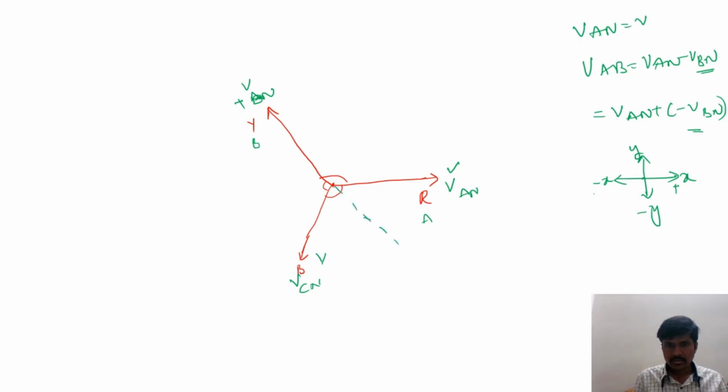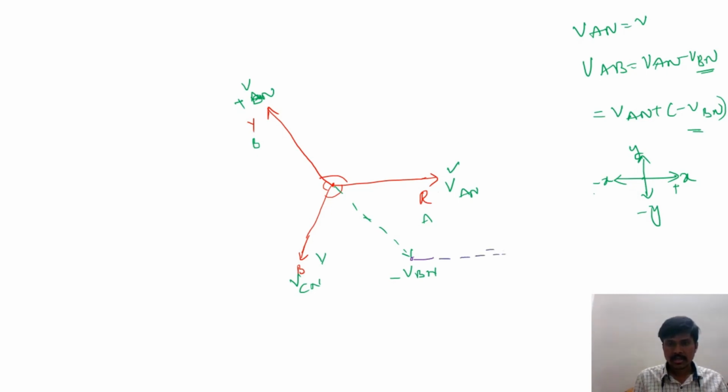So here take the mirror image of VBN. Now from this point, draw a parallel line to VAN.